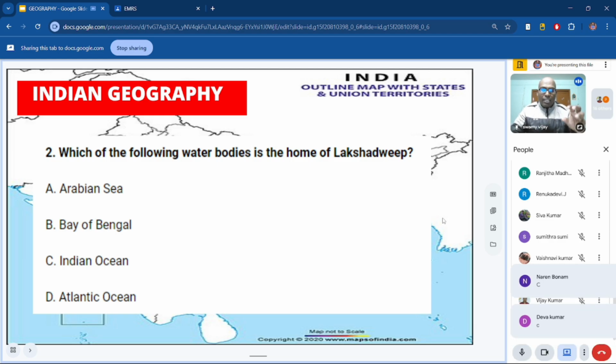Where is Lakshadweep located? Lakshadweep, C. Okay, all of you are giving C.